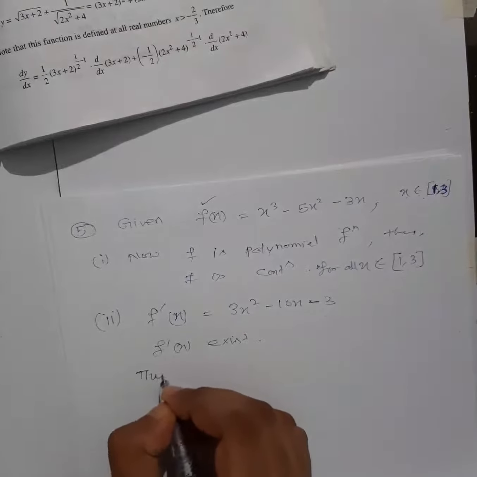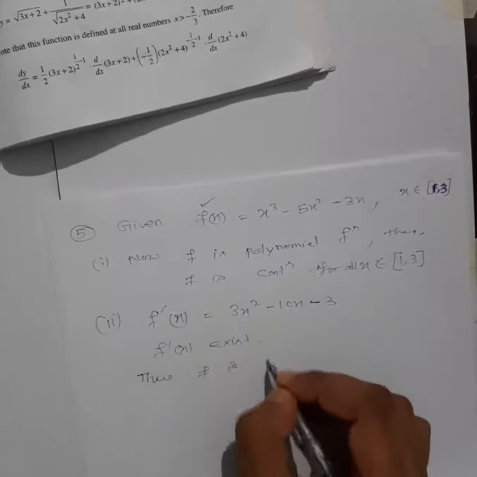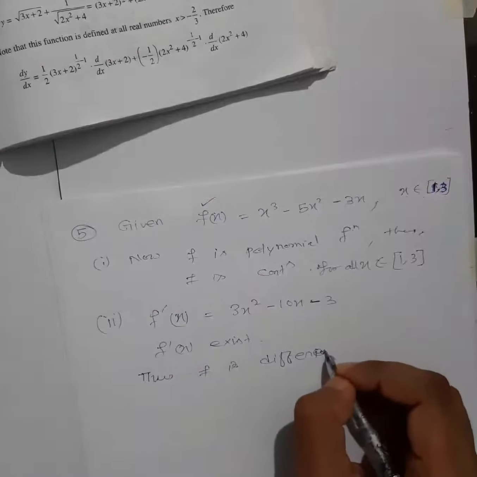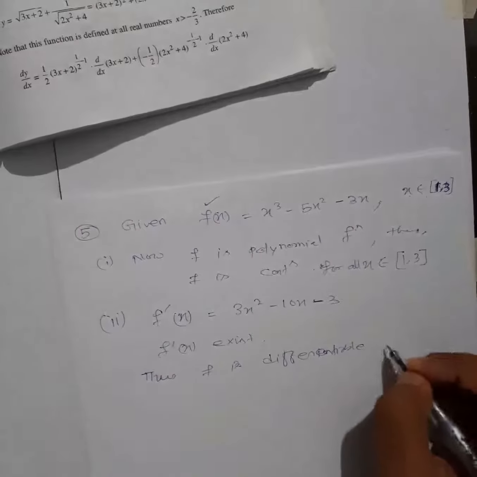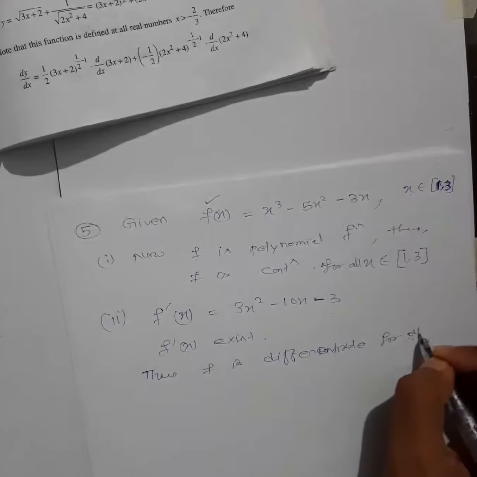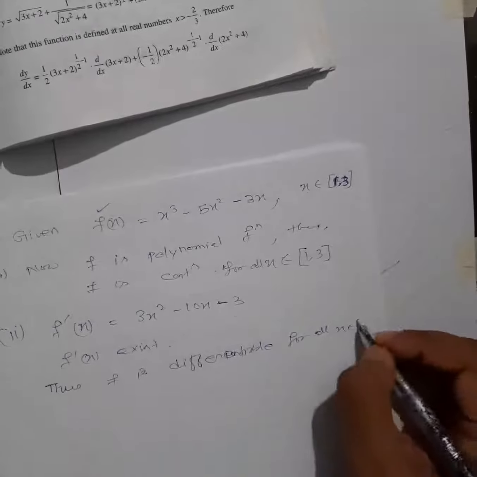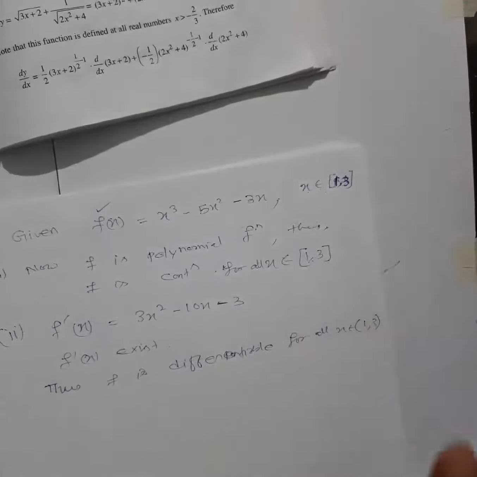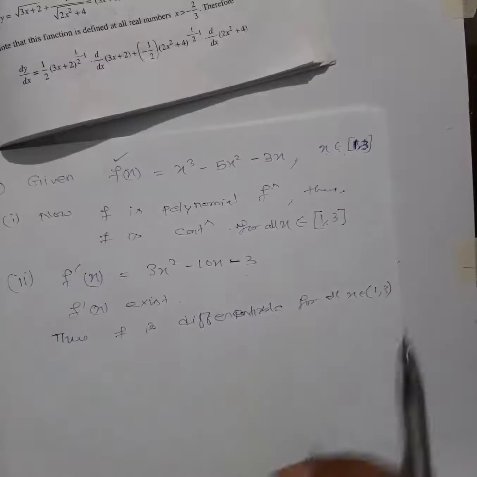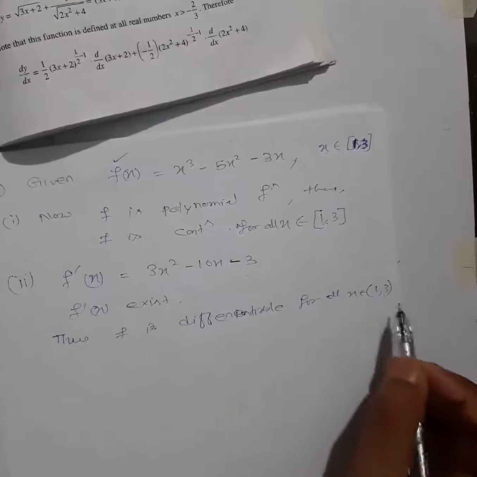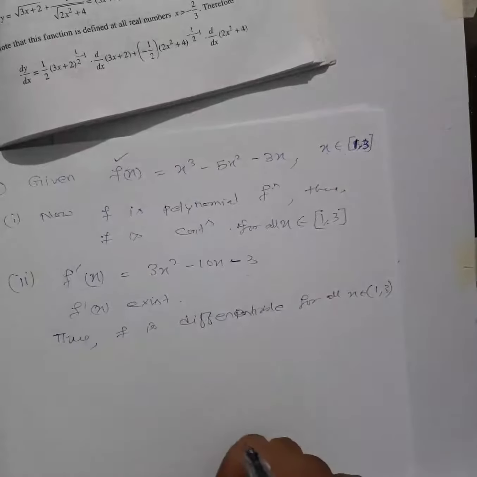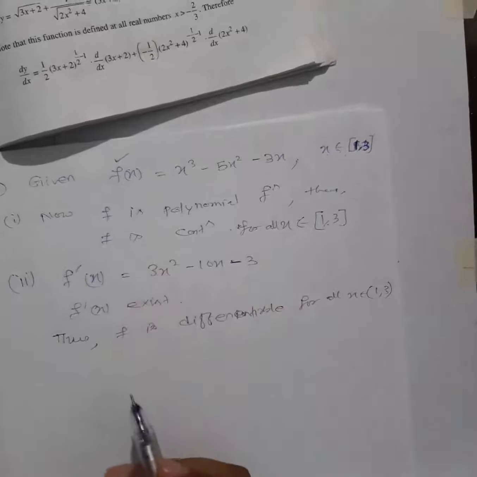Thus f is differentiable for all x belongs to the open interval 1 comma 3, because you know at the boundary point it will never be differentiable. So in the theorem it is given open interval, and I have explained also why open interval. So 2 conditions are satisfied, so obviously mean value theorem is applicable.